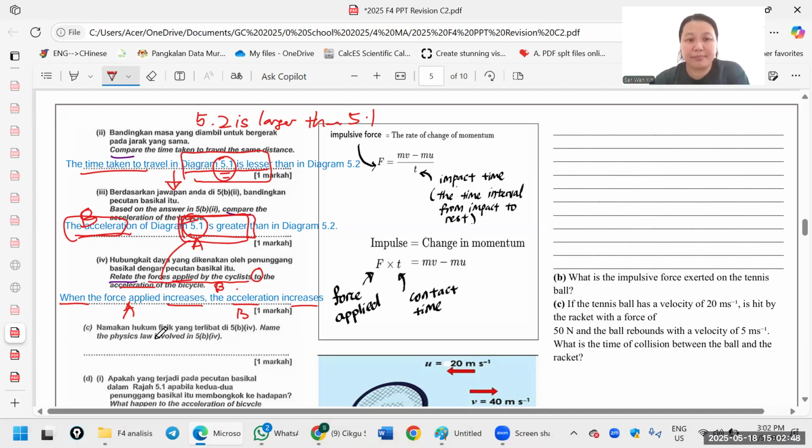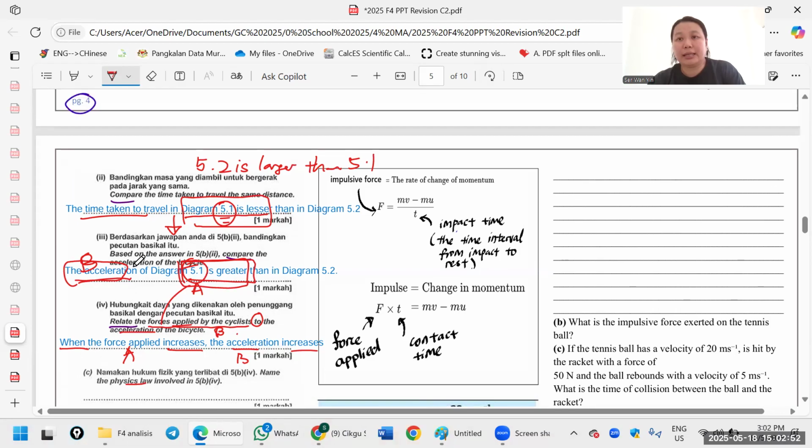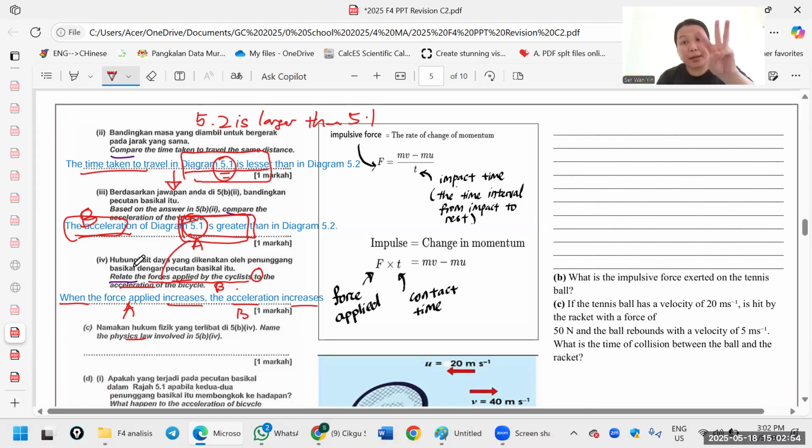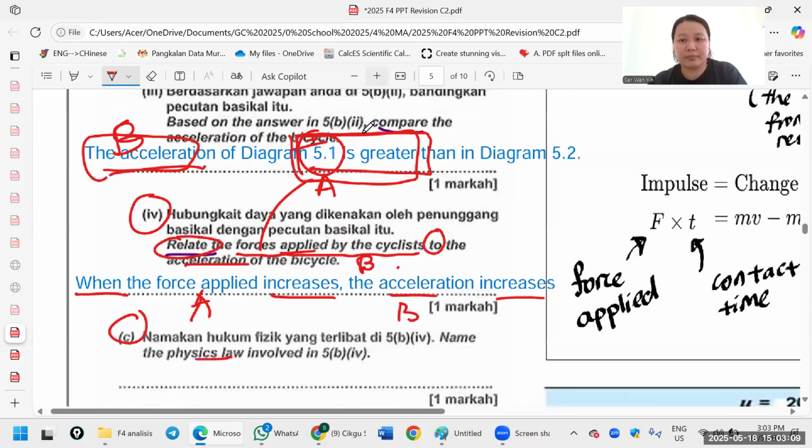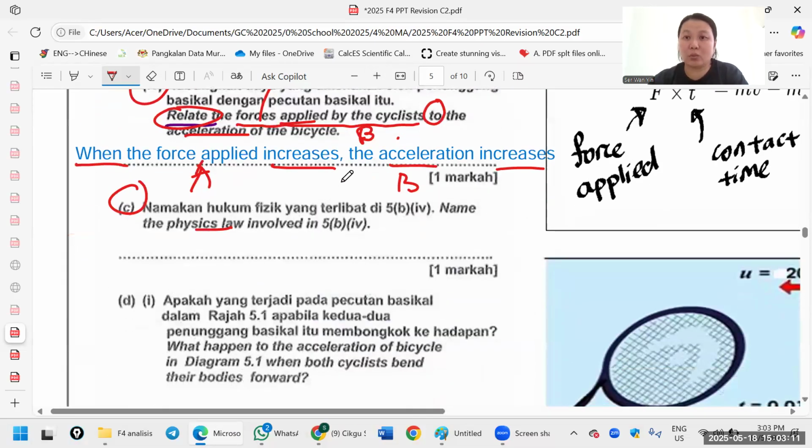Now, name the physics law involved. Normally, they will have three comparison, one relationship, one name the physics law. Okay, so like what is the physics law?